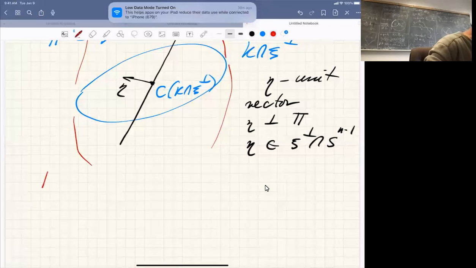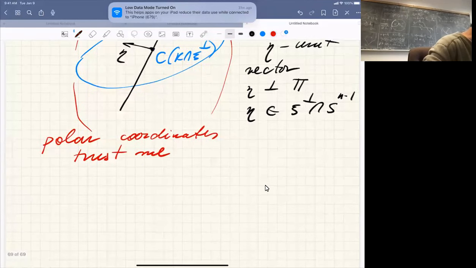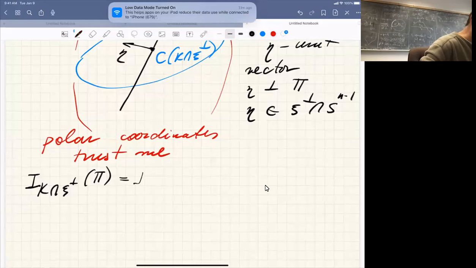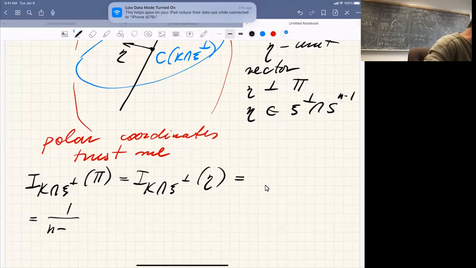So I can pass to polar coordinates. Let's just use polar coordinates. And this is the moment where I'm going to cheat. Just trust me. So if you pass to polar coordinates, I can write my moment of inertia A_{K intersection psi perp}(pi), and I can use the notation A_{K intersection psi perp}(eta). This is the same, and it is 1 over n+1 times the integral over S^(n-1) intersection psi perp of (eta dot theta) squared times the radial function of my section to the power n+1 of theta, d theta.